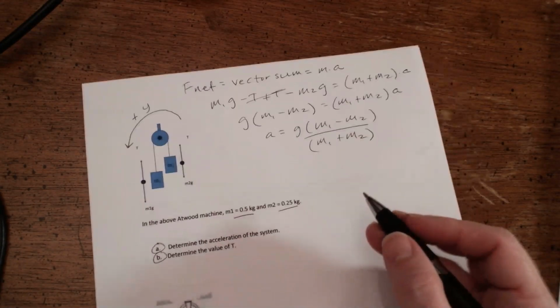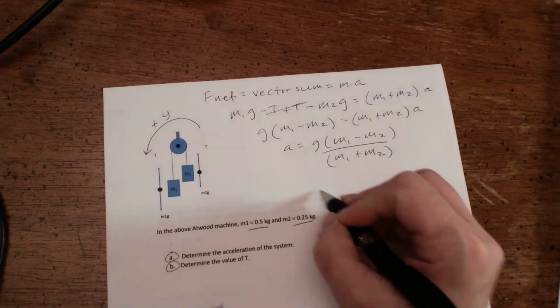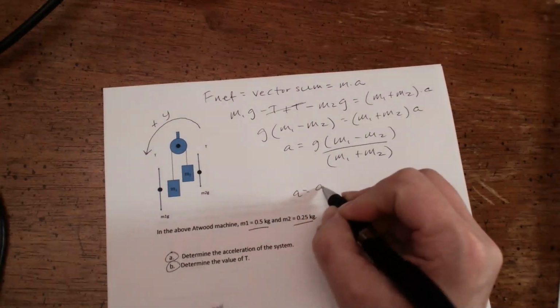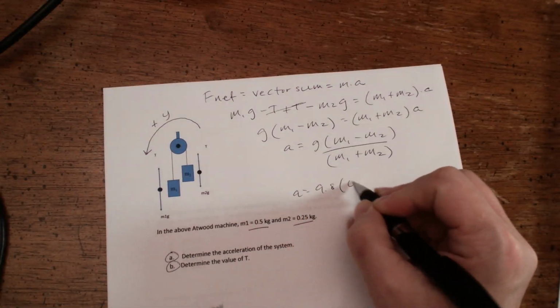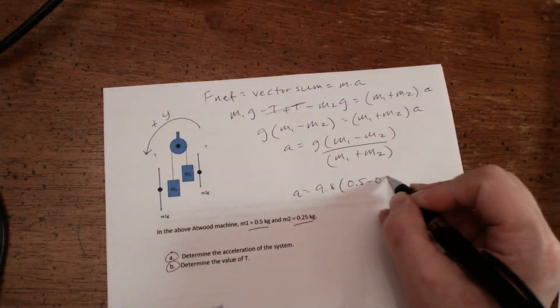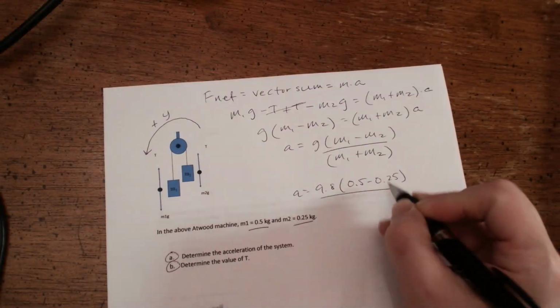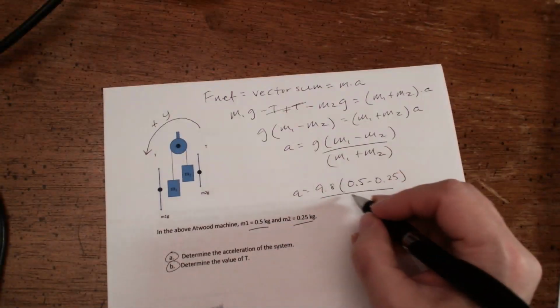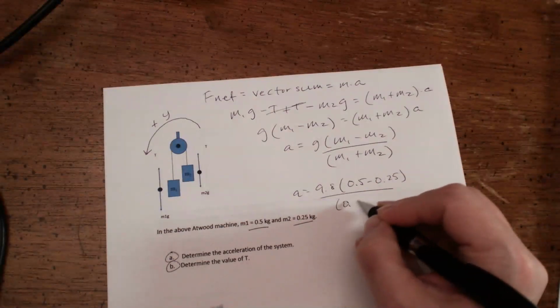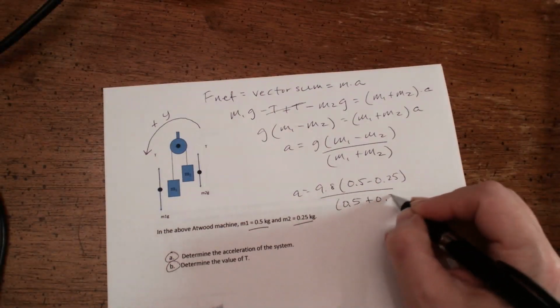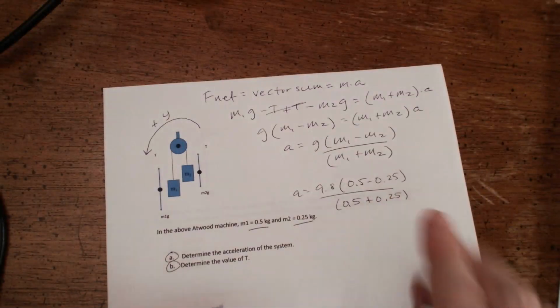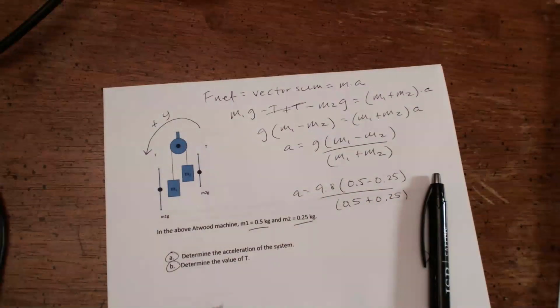For acceleration, I'm just going to plug values in. I'm going to have 9.8 times 0.5 minus 0.25, the values of my M1 and M2, over 0.5 plus 0.25. Get my handy dandy calculator.